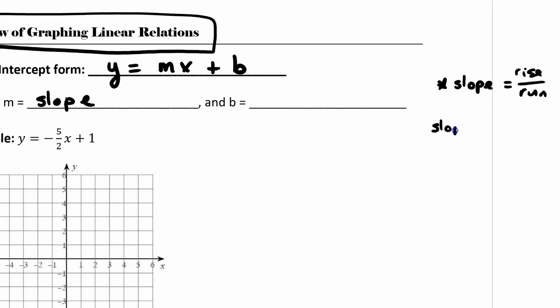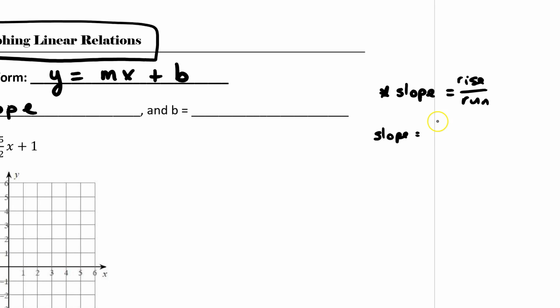Slope can also equal, if we're given two points on the line, the rise, which is y2 minus y1 over x2 minus x1. So there are two different ways that you can calculate slope.